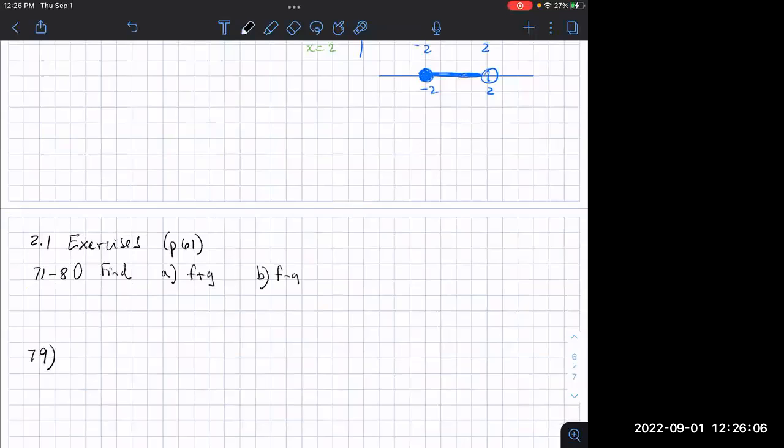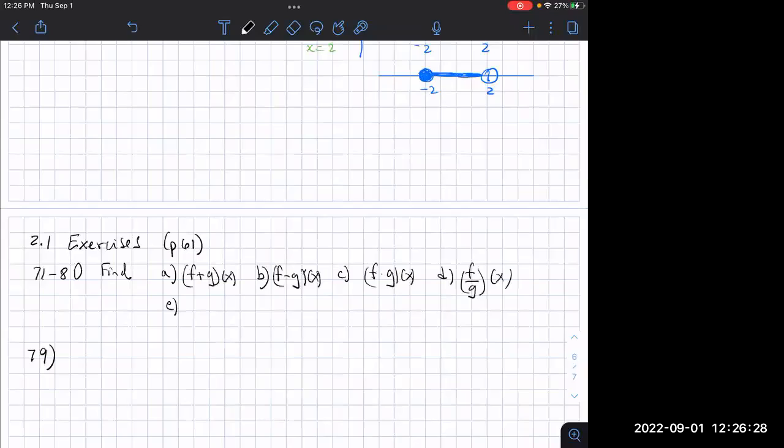B, F minus G, C, F times G, D, F over G. Oh no, I need to do of x. This is of x.